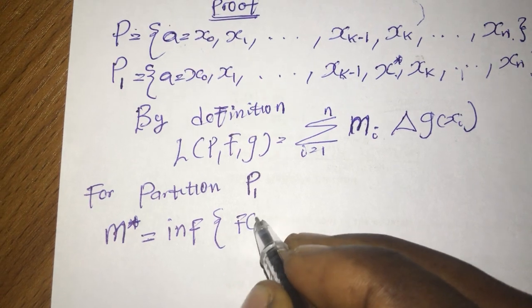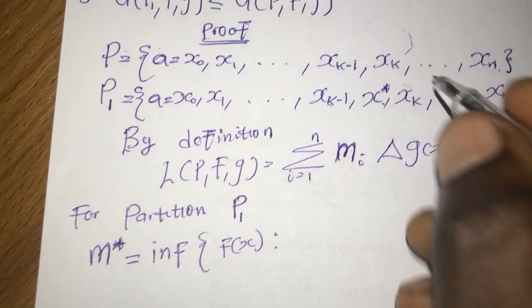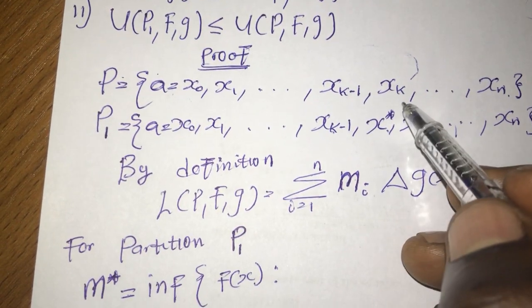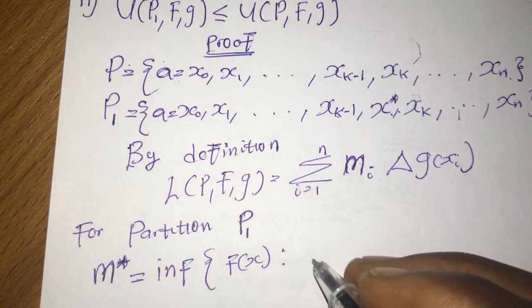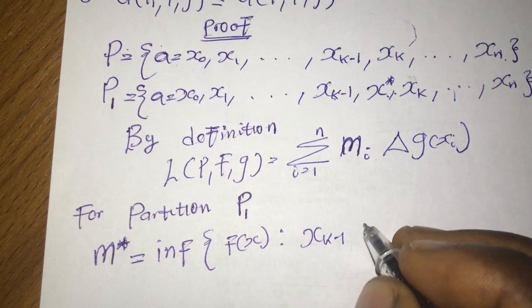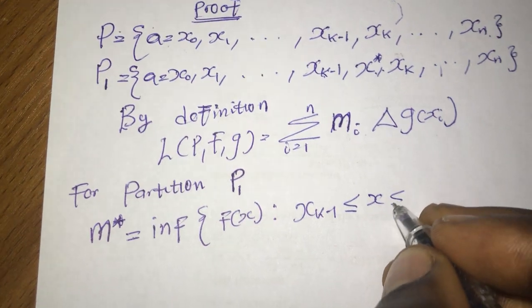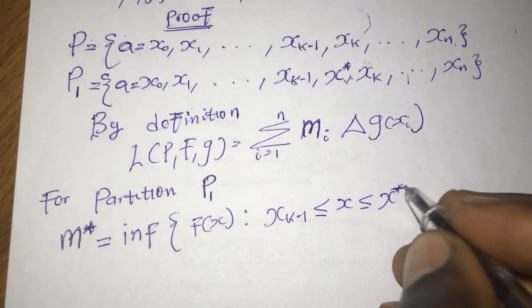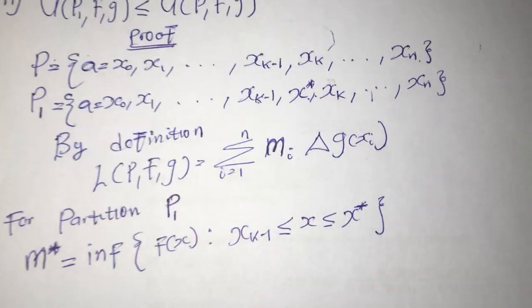It will be the infimum of f(x) acting on s_{k-1} less than or equal to x less than or equal to x star. We grab it now.